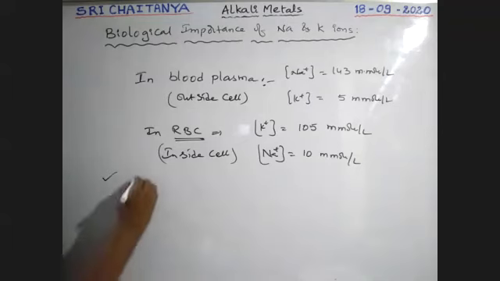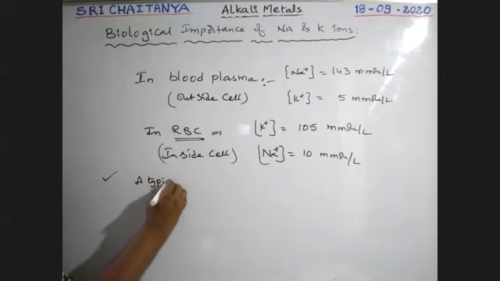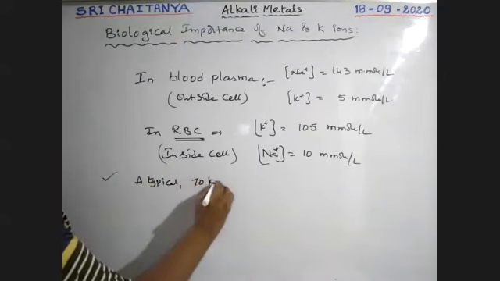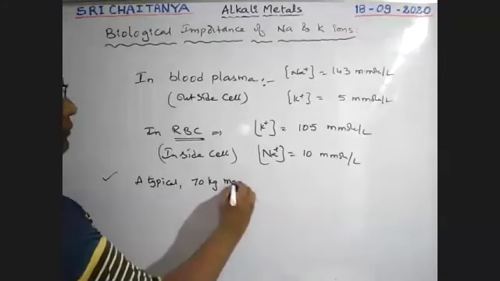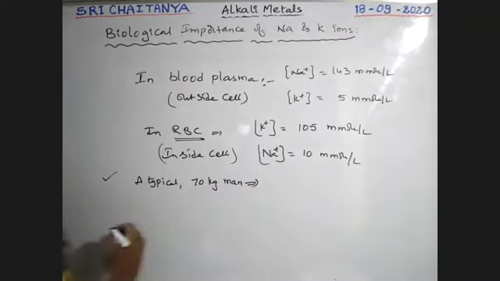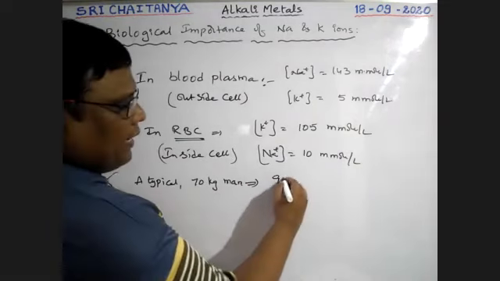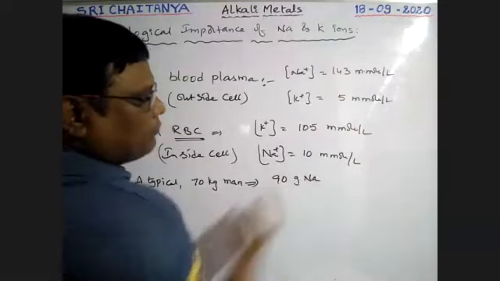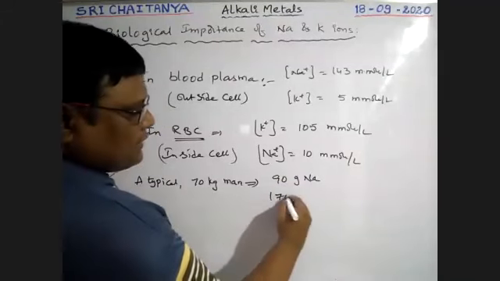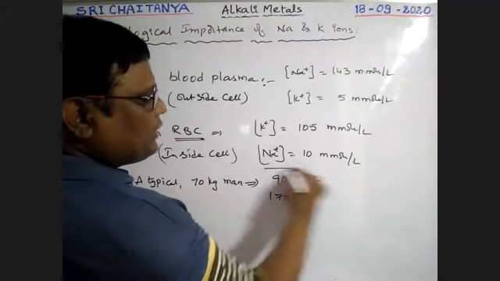Next, a typical 70 kg man, theoretically, please keep in mind, contains 90 grams of sodium and 170 grams of potassium.